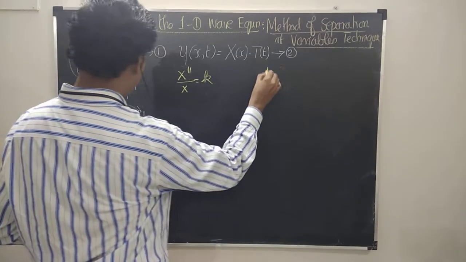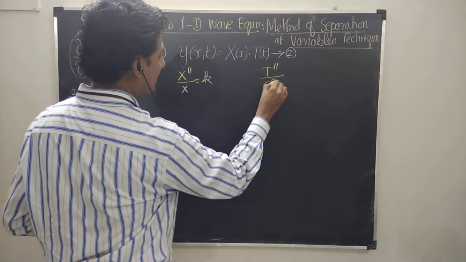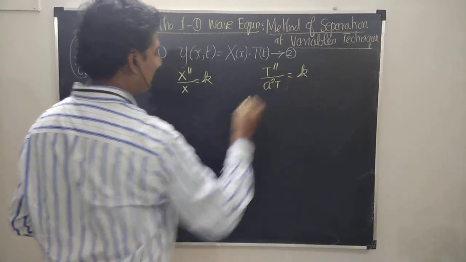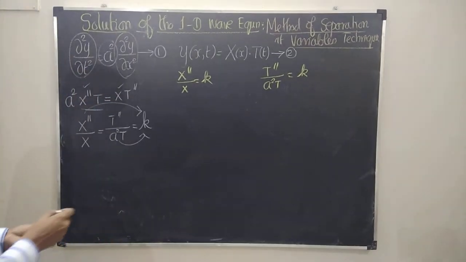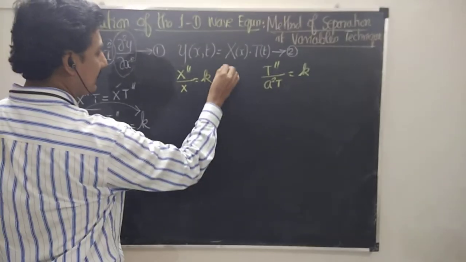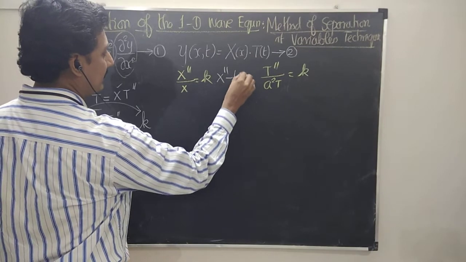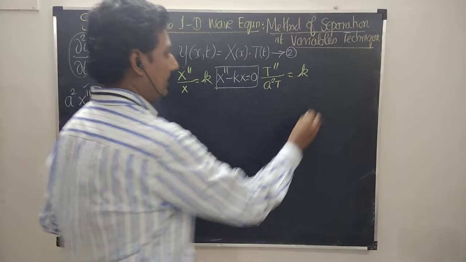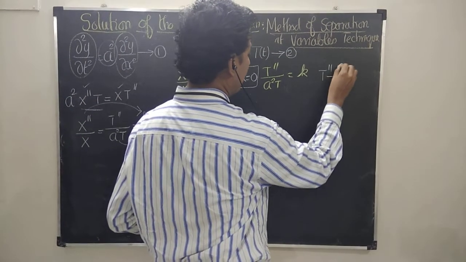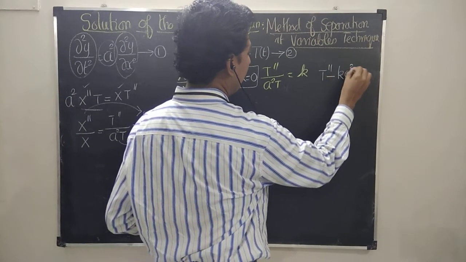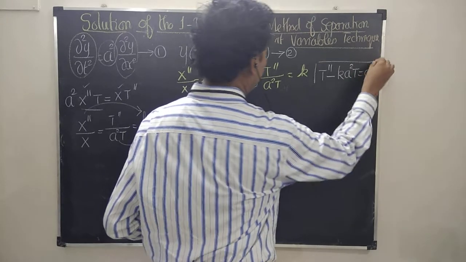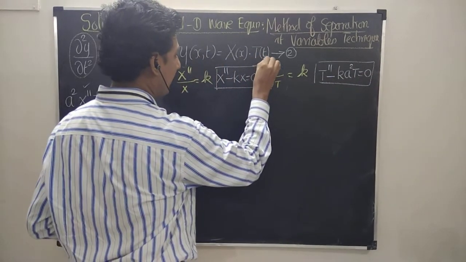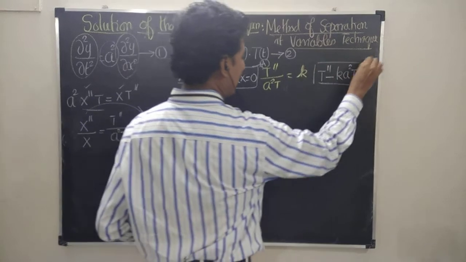The other one is T double dash by a² T is equal to k. When I simplify, I get X double dash minus kX is equal to 0, and T double dash minus k a² T is equal to 0. So I got two equations. This is equation number capital A, this is equation number capital B.